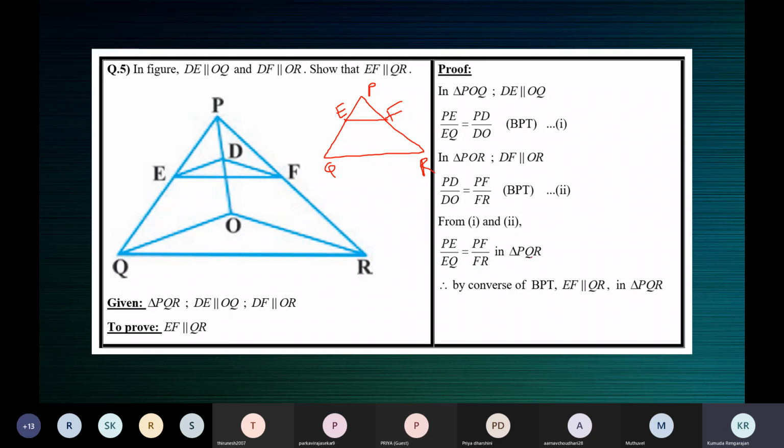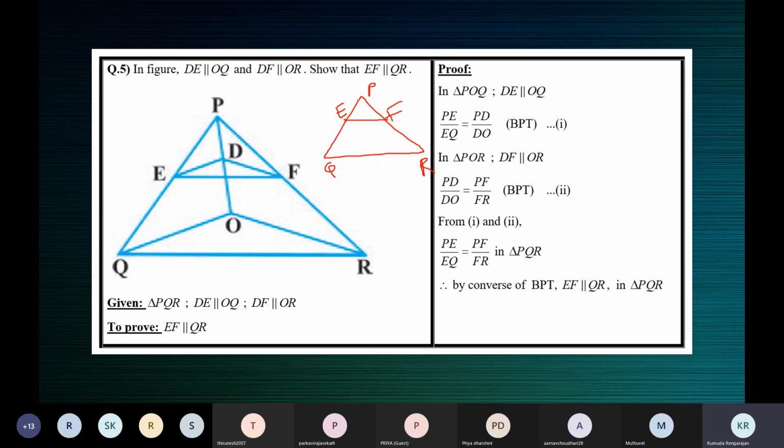PE by EQ is equal to PF by FR. If this proportion is true, then by the converse of BPT, because we have PE by EQ, E is the point of division, and PF by FR, F is the point of division. So the line segment joining the points of division, EF, is parallel to the third side QR.